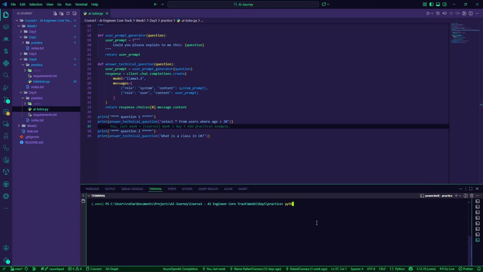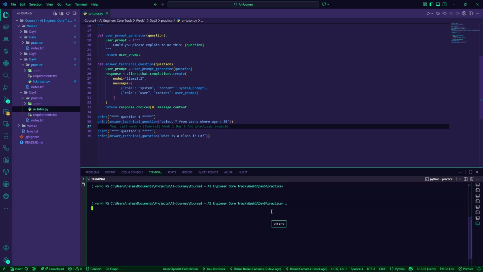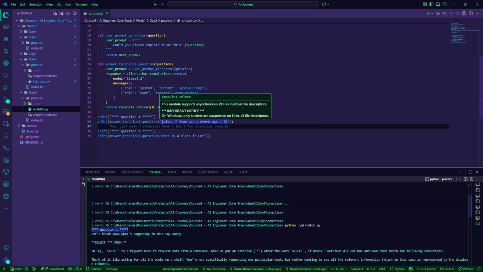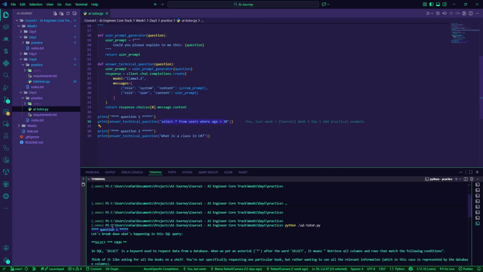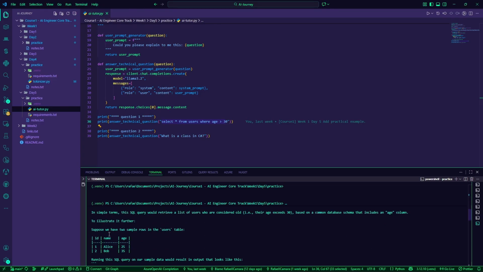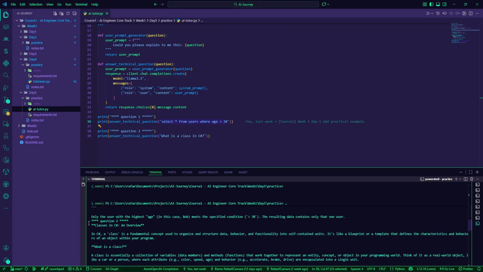So if I run this AI tutor API, you see here question 1. It's calling the LLM to explain question 1, and it will explain the select statement. See, it's explaining the select statement and even giving me some examples. And then question 2 is what is a class in C#?